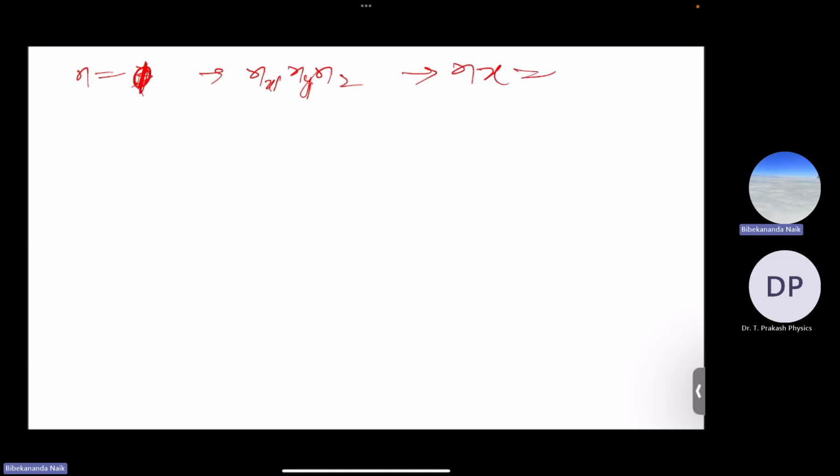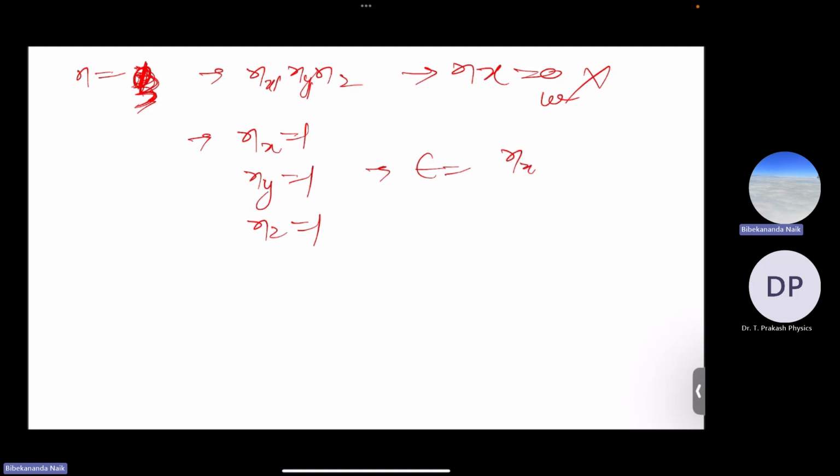If nx equals 0, the wave function is 0, so that is not possible. So for 3, nx will be 1, ny will be 1, nz will be 1. And the energy will be nx squared plus ny squared plus nz squared, times E0.